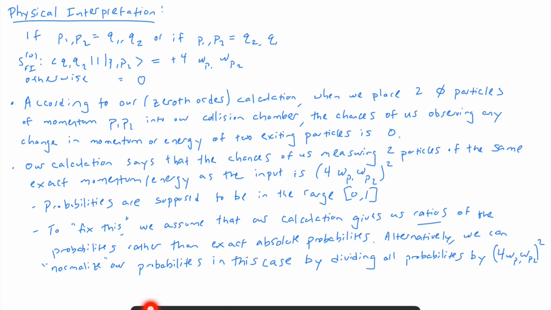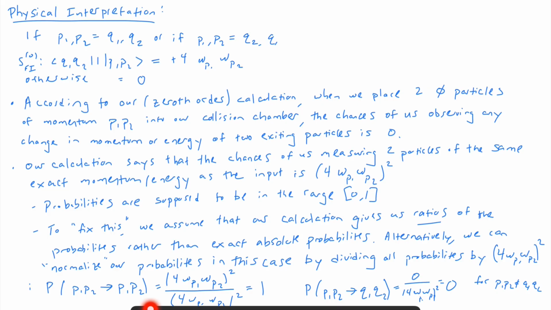If you want to continue to have probabilities themselves between 0 and 1, we could just normalize these, meaning divide everything by, in this case, 4 omega p1, omega p2. Then the probability of starting with p1, p2 and ending with p1, p2 is just 1 after we do that normalization. And still the chances of starting at p1, p2 and getting any different q1, q2 is 0.